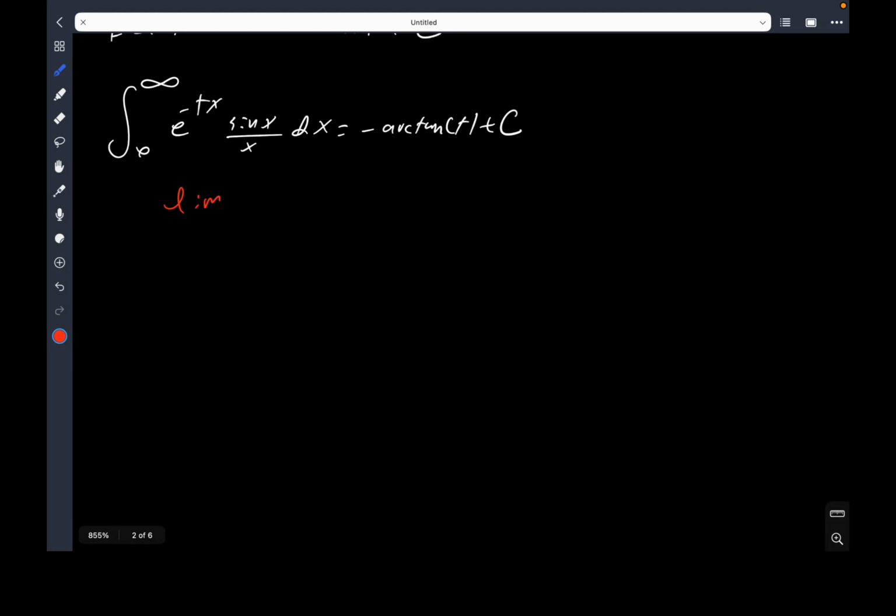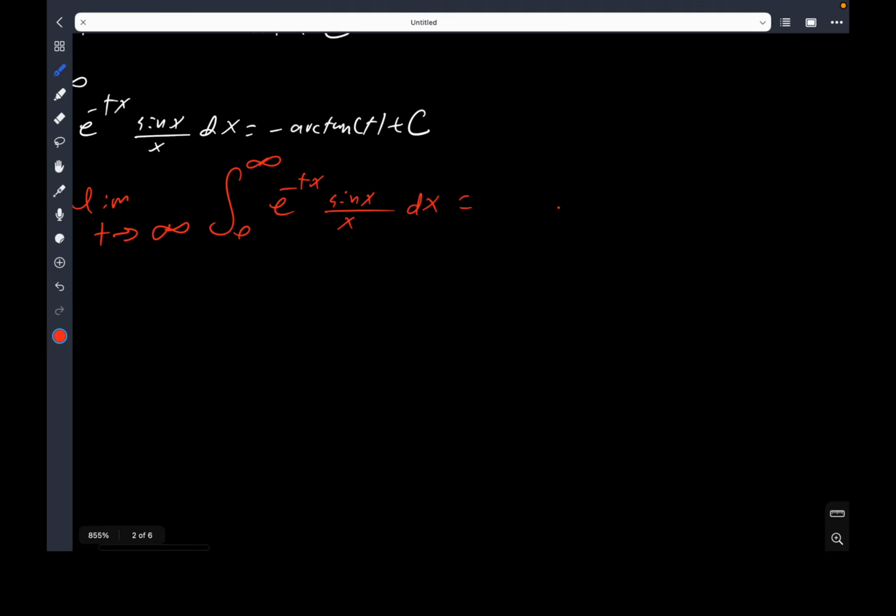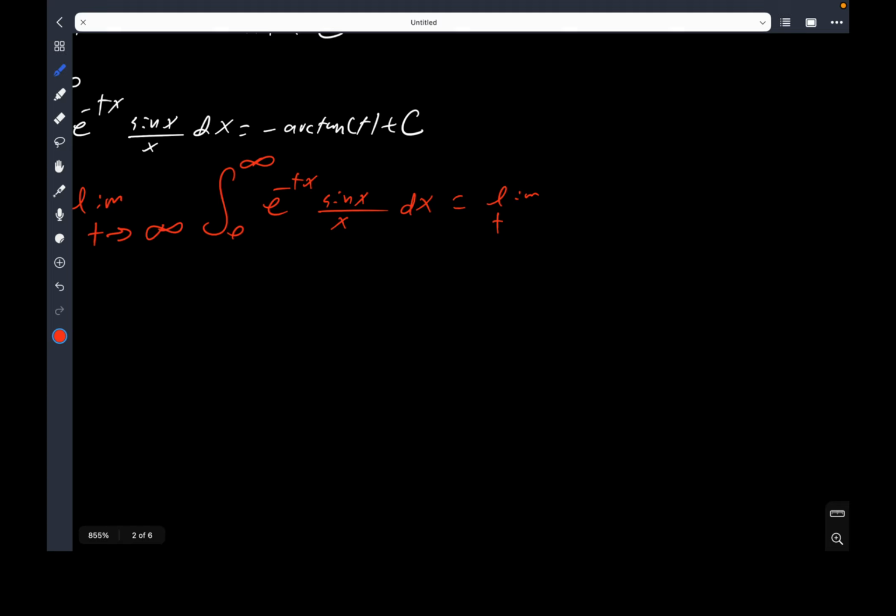Limit as t approaches infinity. Why? Because this decays, e to the negative infinity decays. So e to the negative tx sine x over x dx equals the limit as t approaches infinity of negative arctan of t plus c.